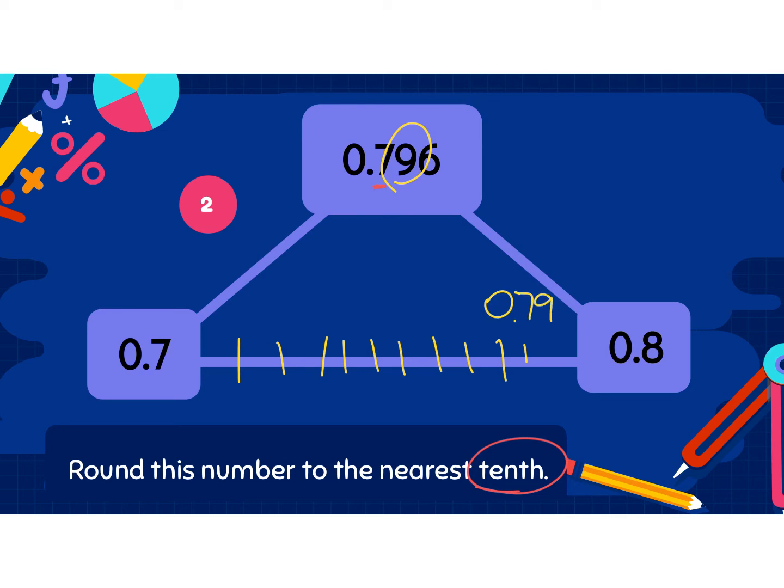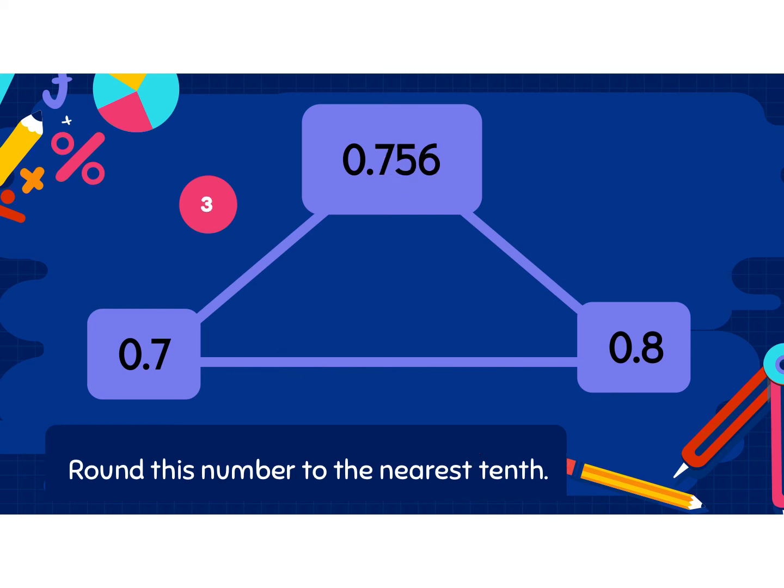We know 0 to 4 down to the floor, 5 to 9 climb the vine. Because this digit is higher than 4, it's 5 or above, this number would be rounded up to 0.8. Remember, all of these other digits can go away in this case.